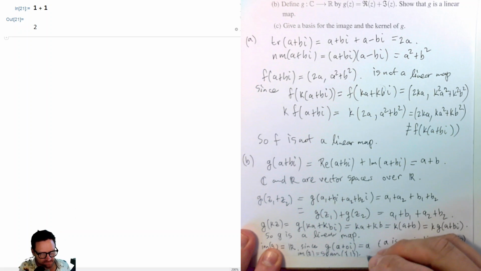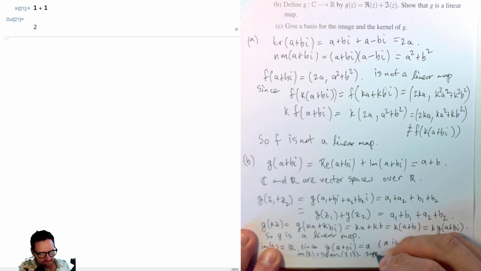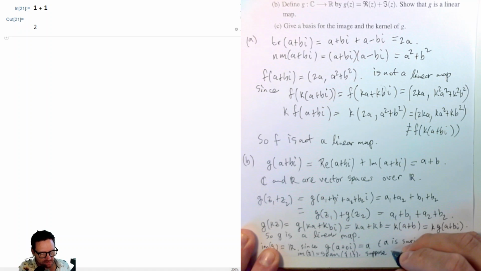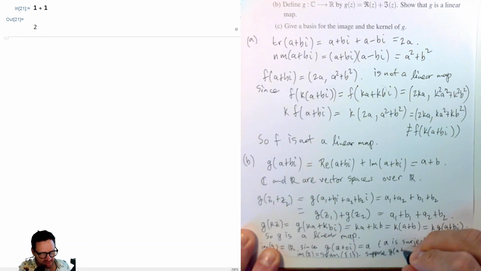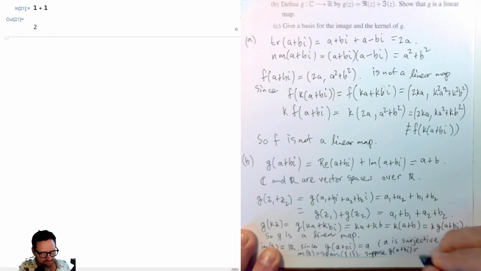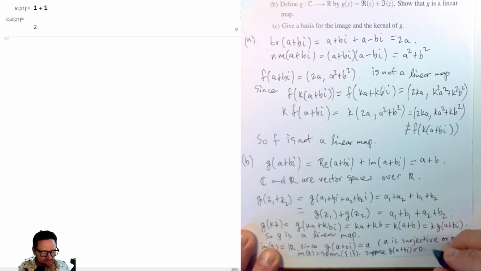Now for the kernel, suppose that G of A plus Bi is equal to 0.